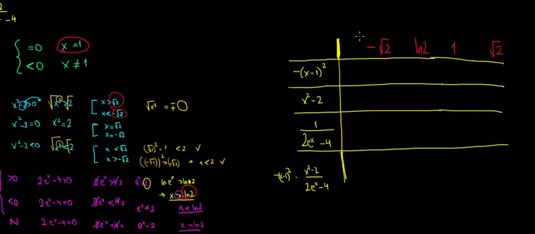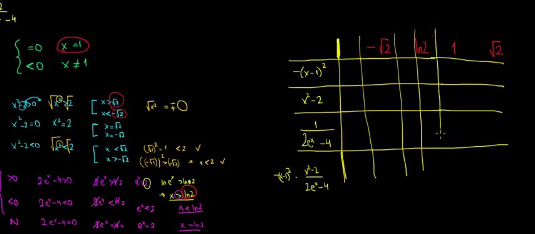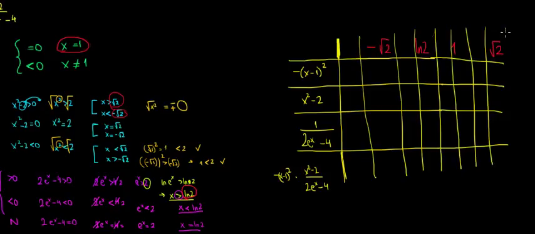We'll have a range to the left of negative square root of 2, values at negative square root of 2, values between negative square root of 2 and ln of 2, values at ln of 2, values between ln of 2 and 1, values at 1, values between 1 and square root of 2, values at square root of 2, and values higher than square root of 2. Okay, that seems alright. Let's do it.